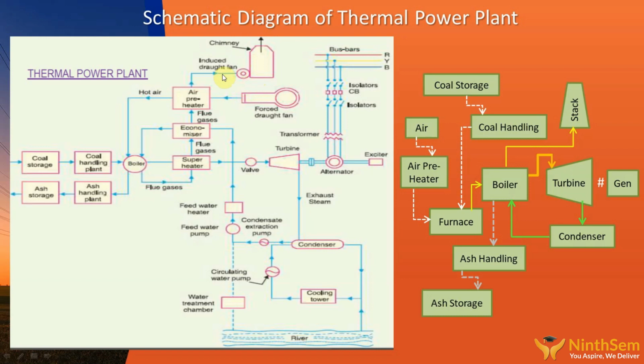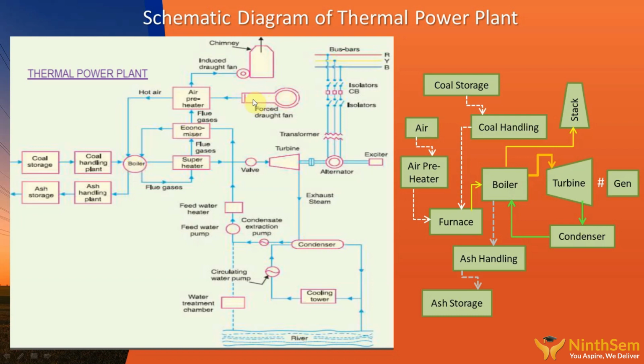In addition to this, there is one more system, that is the air system. This air is supplied for the combustion. You know, for doing any combustion we need air and fuel. So already we have the fuel. In order to get complete combustion, we need oxygen, which we get from the air.